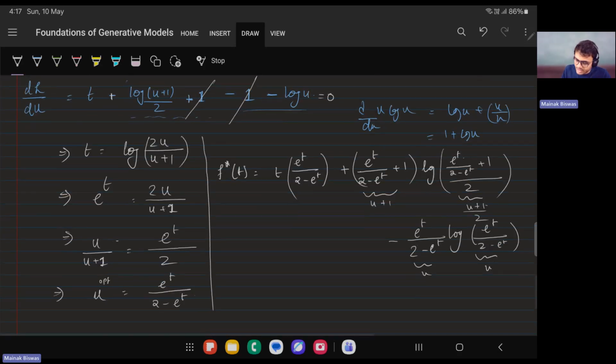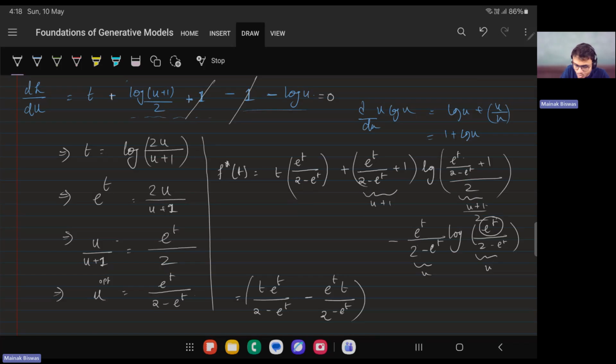Okay, so now I can clearly simplify this better. e to the power t by 2 minus e to the power t. And as soon as I do that, you can see a clear thing that comes up over here. If I separate out the numerator and the denominator, I can write e to the power t by 2 minus e to the power t.